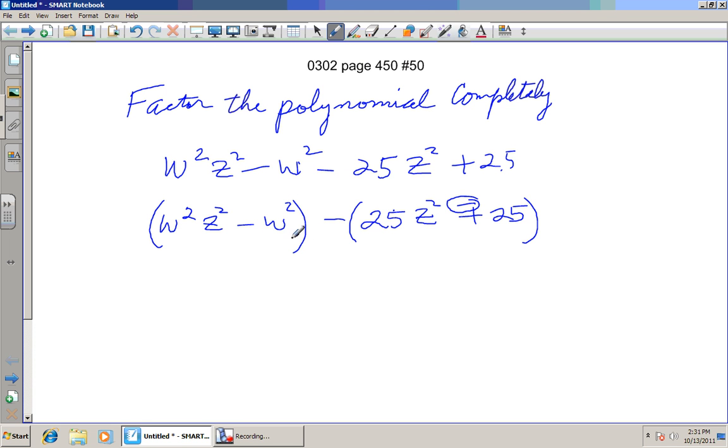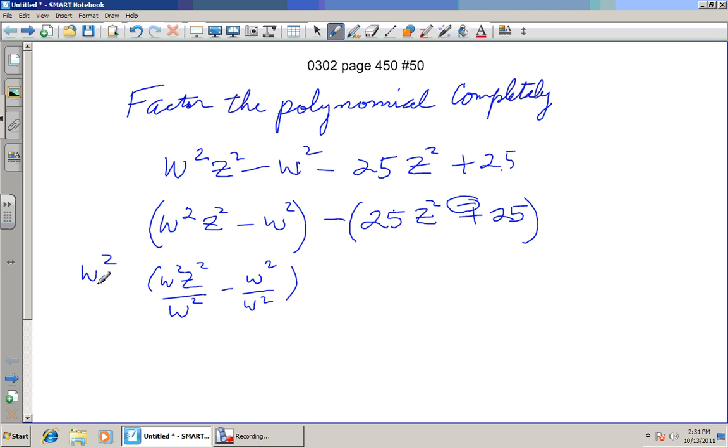So now we can pull out the w squared here. We're going to write it again so we can get a good picture of what we're doing. W squared, because it's common between these two terms. So I got w squared z squared divided by w squared. It's just like this one right here. Minus w squared divided by w squared.